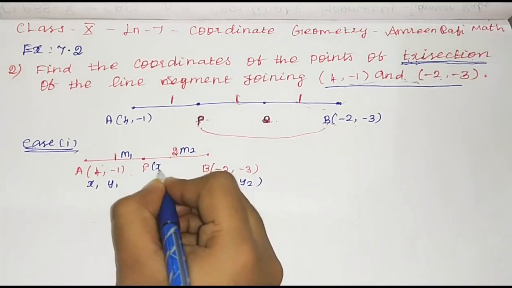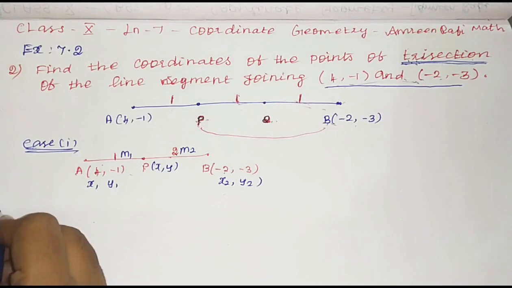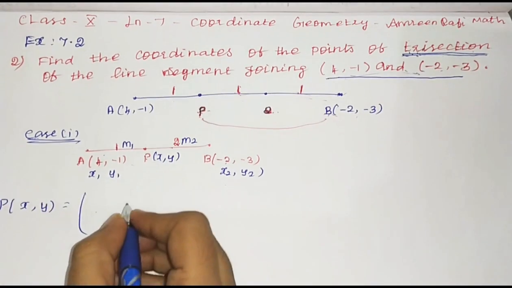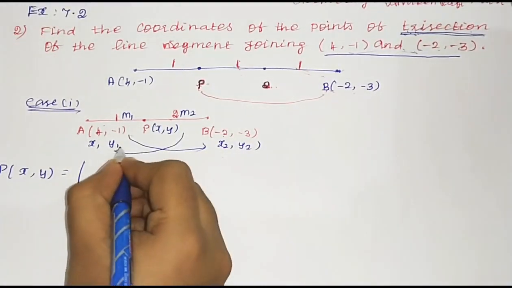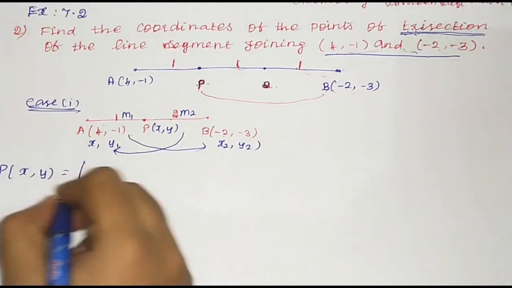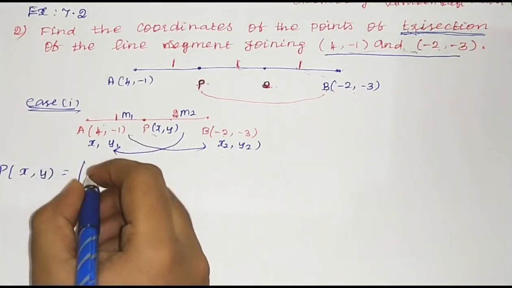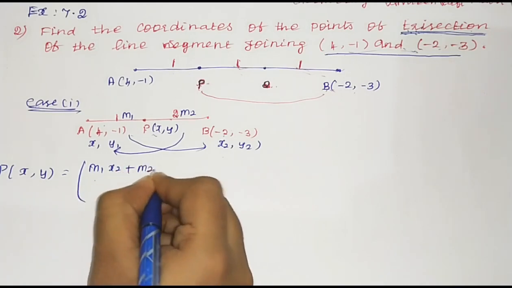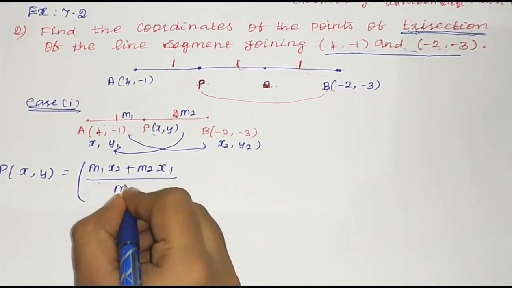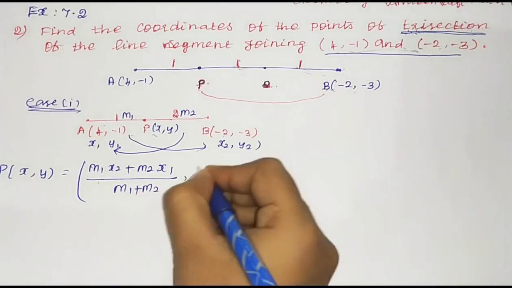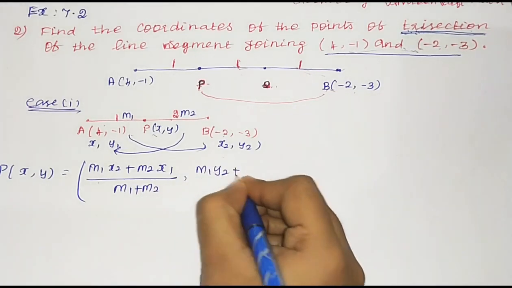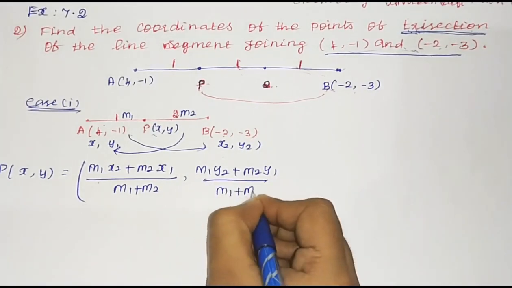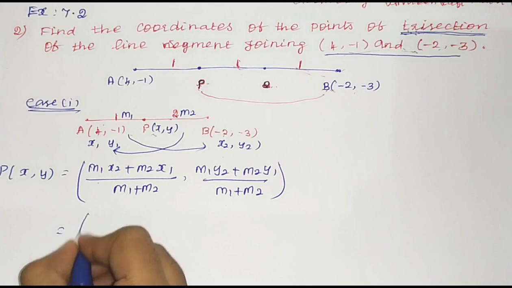Now we can find out P of x, y using the section formula. Already you know very well the section formula. Always formulas through a diagram you can memorize, it is easy. So the formula is m1 x2 plus m2 x1 divided by m1 plus m2 comma m1 y2 plus m2 y1 divided by m1 plus m2. Now the values we can substitute here.